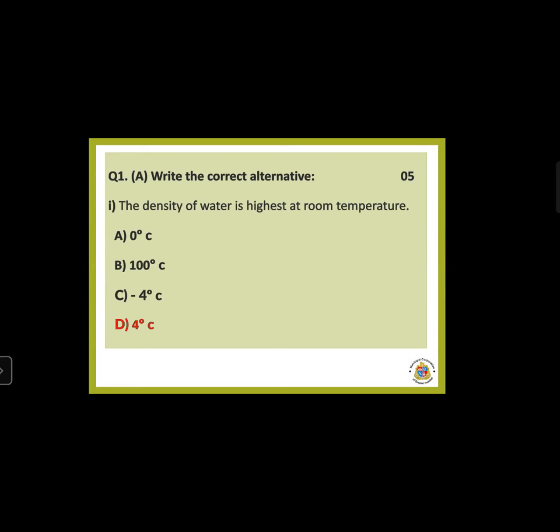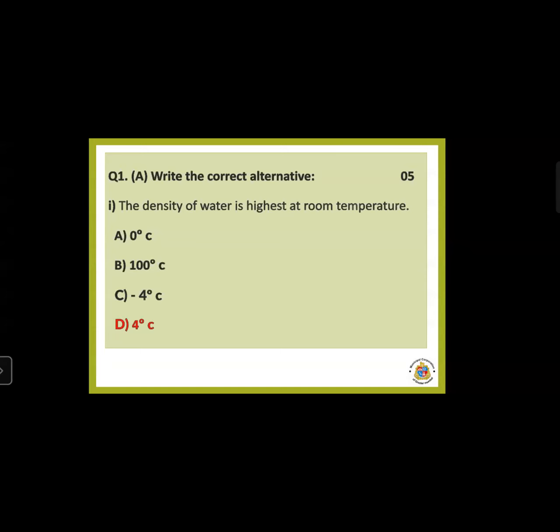So let us discuss the paper now. This is our fourth practice paper. The first MCQ is: the density of water is highest at which temperature? It has 4 options: A, 0 degrees Celsius; B, 100 degrees Celsius; C, -4 degrees Celsius; and D, 4 degrees Celsius.